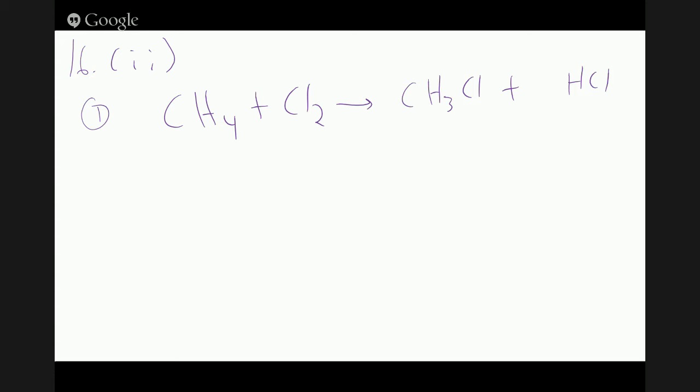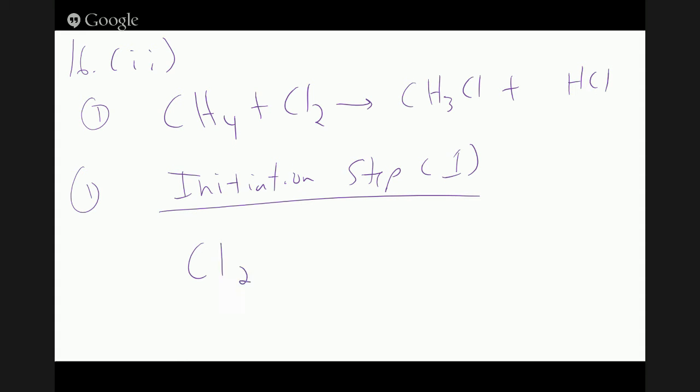I want to finish this question. So 1 mark comes from just writing the overall equation. 1 mark is going to come from writing the initiation step. Initiation step 1, basically. And this is the Cl2 being hit with ultraviolet light to form 2 Cl radicals. That's 1 mark.